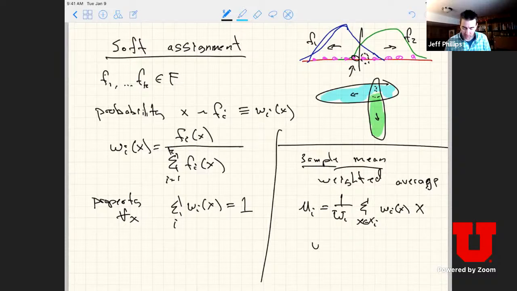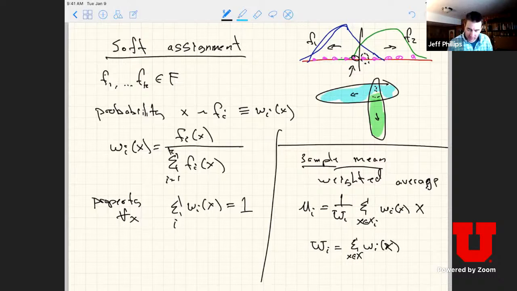Okay, and to make this a weighted average, so that I'm scaling it in the right way, I want to divide by the sum of these weights. So this W_i is going to be the sum over x in the data of w_i of x.